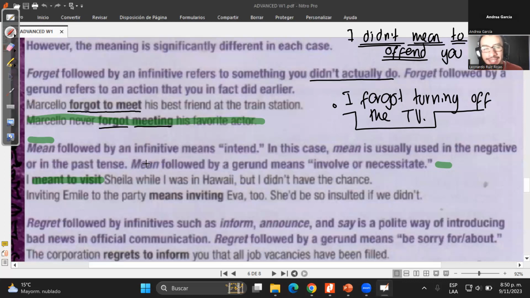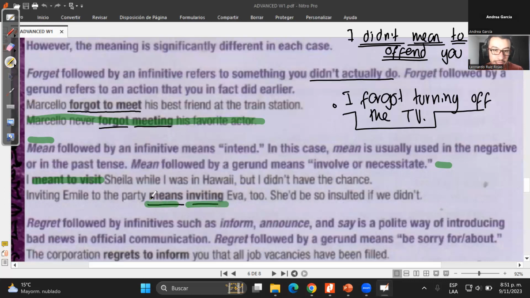Now the other one, mean and ing. In that case, it means involve or necessitate. So when I say, doing this means such a thing, for example. In that case, I say inviting Emil to the party means inviting Eva too. She would be so insulted if we didn't. So mean plus the gerund, it's not the same.